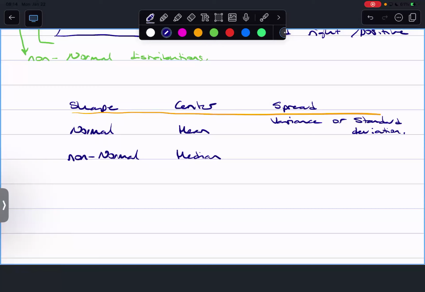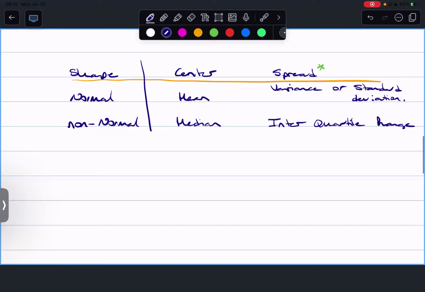And so for the spread, we usually use the interquartile range, which we will introduce today, hopefully. So the shape of the distribution determines what we should be using as the center and the spread.